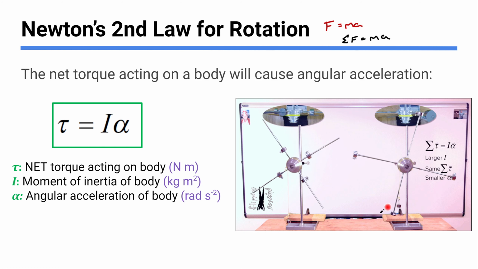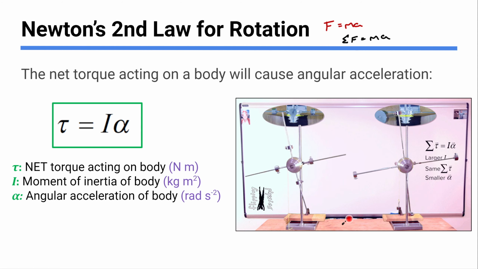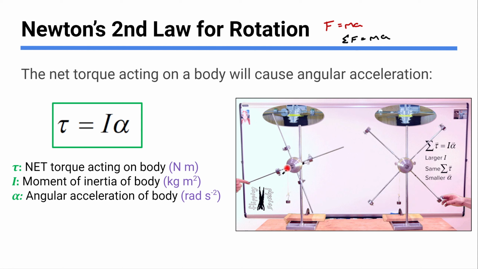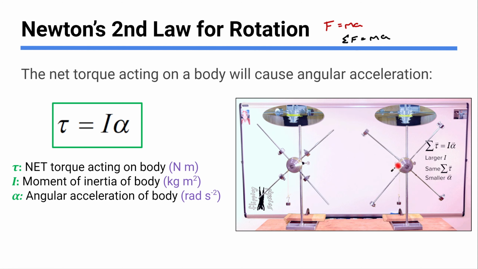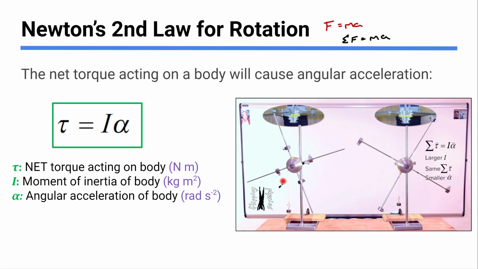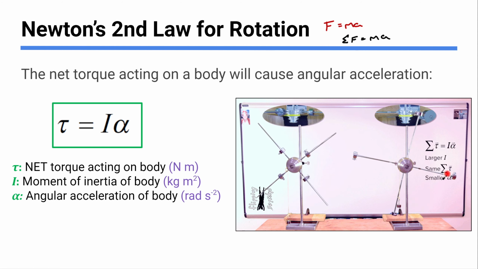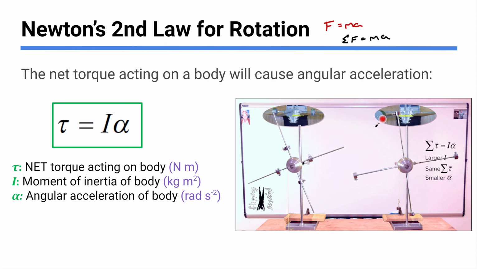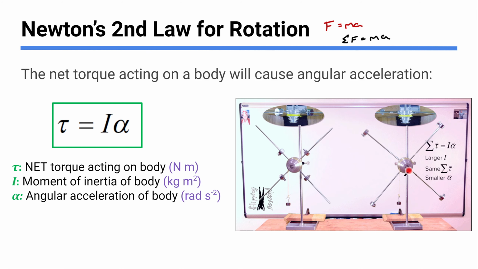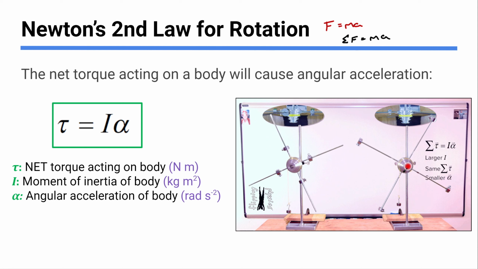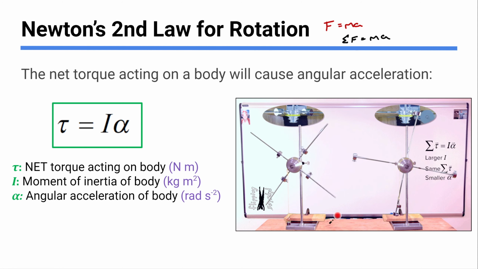And if you can see, they're just using a hanging mass for the force causing torque. Same hanging mass, same distance from the rotation point, so I should have the same total torque in both cases. But because in this one the mass is way super spread out, that same torque will cause a much smaller angular acceleration than it does here.